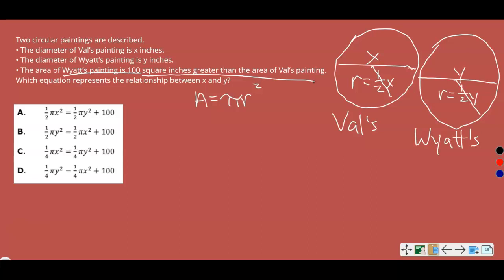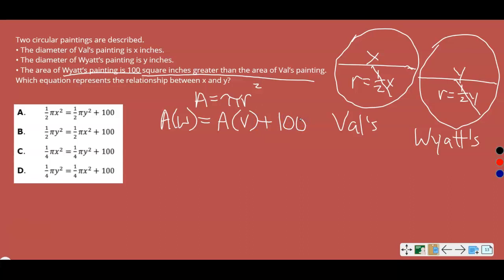So how could we kind of write that out? So we can say the area of Wyatt's painting is equal to 100 square inches greater than the area of Val's painting. So we can say area of Val's painting plus 100 square inches.